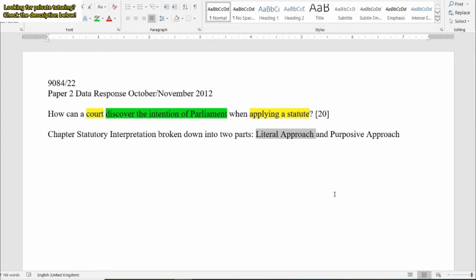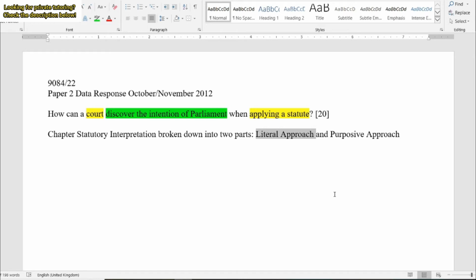But when it comes to the purposive approach, it's all about trying to find the intention of parliament. That is why you have Hansard, you have things like external dictionaries, international conventions, and law reform reports and all those things. All those things have nothing to do with the act of parliament already.